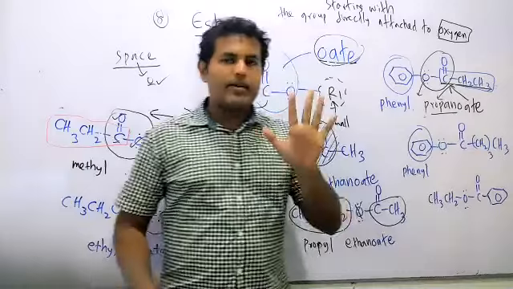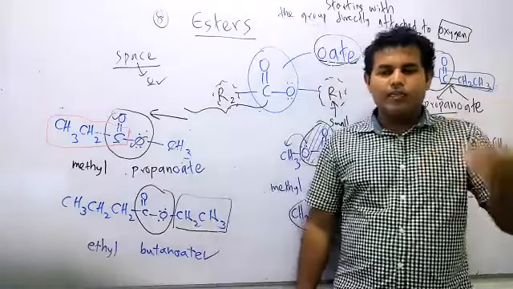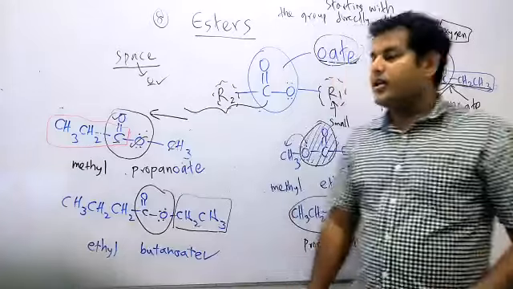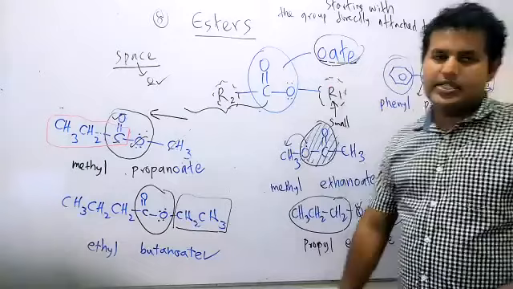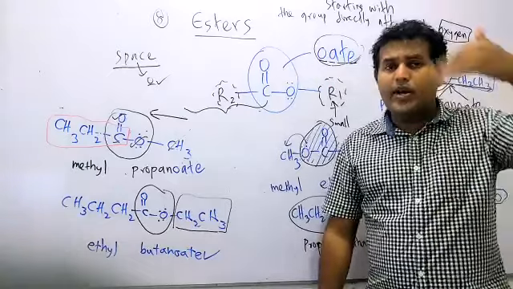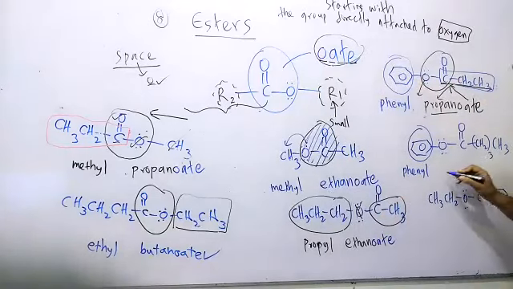So we have 5 carbons. So 5 means pent. So recall the alkane pentane. Then just remove E and attach this suffix. So removing E, attaching OH, that is pentanoate. So phenyl pentanoate.